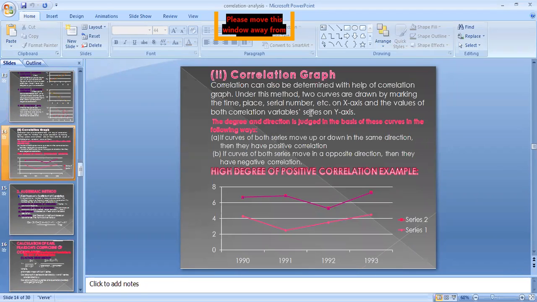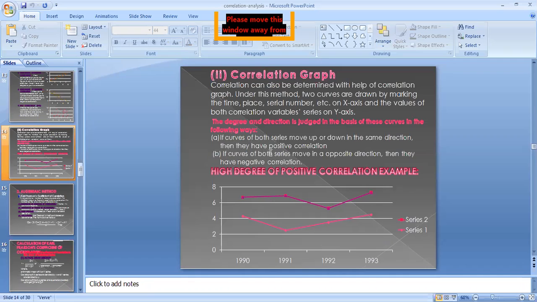Now, correlation graph. Correlation can be determined with the help of a correlation graph. Under this method, two curves are drawn by taking time, place, serial number, etc. on the x-axis and the values of both correlated variable series on the y-axis. The degree and direction of correlation is judged on the basis of these curves.